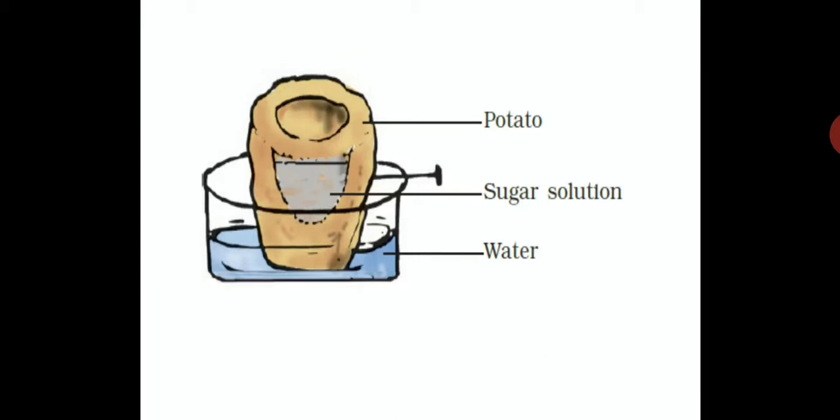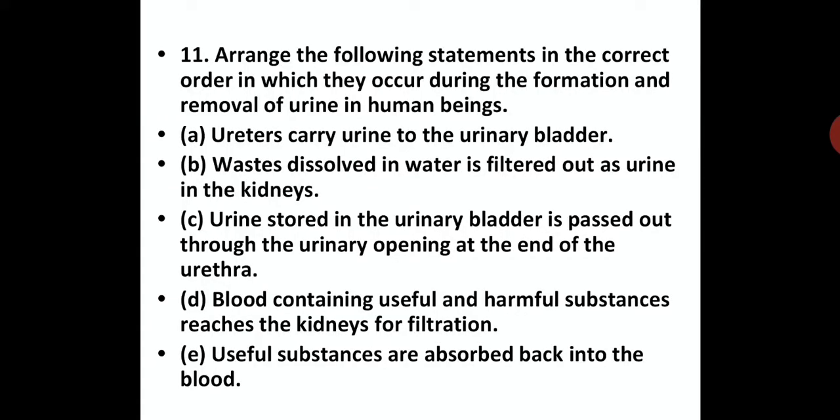Potato will shrink because the water content of the potato will become less, and it will be given out, because a water gradient will be created. So this diagram you can draw. You just go through the video if you are not drawing.